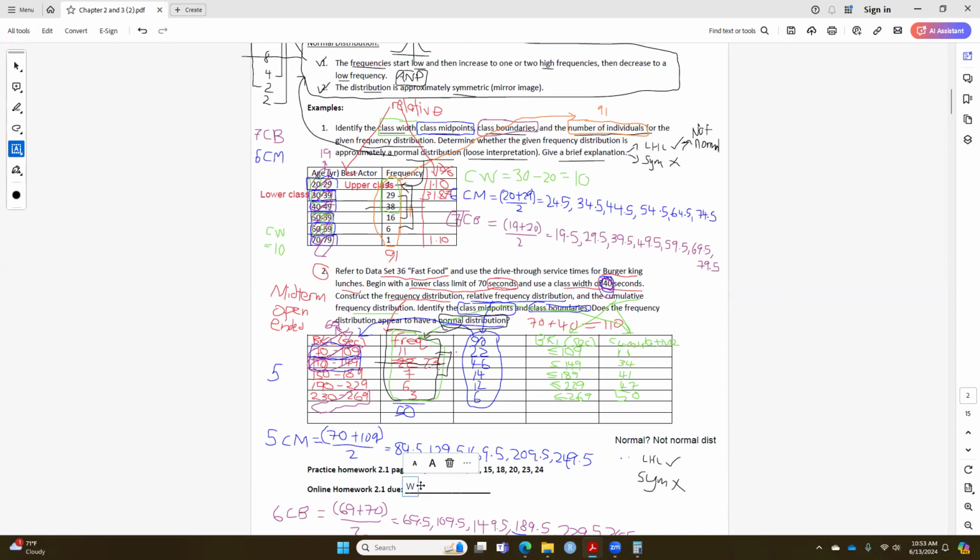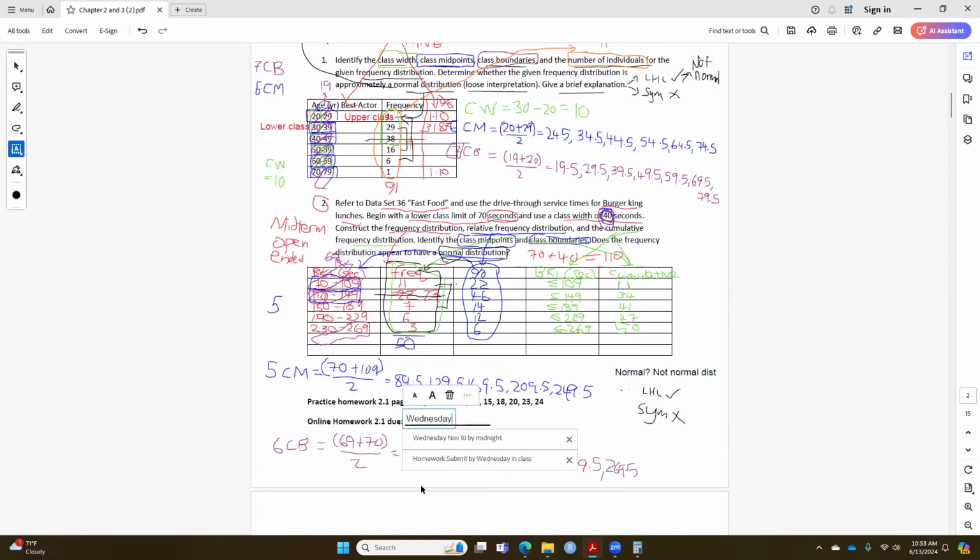On the exam, do we actually need to explain how we got the answer on the low, high, low, and then symmetry? If the question just asks you, does the frequency distribution appear to have a normal distribution, then you do not need to explain.